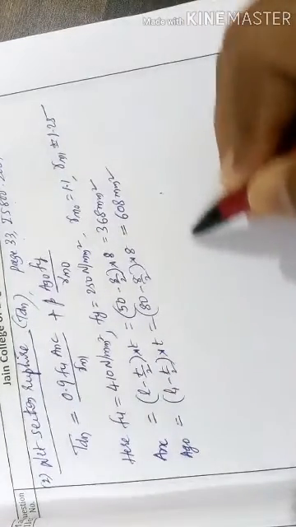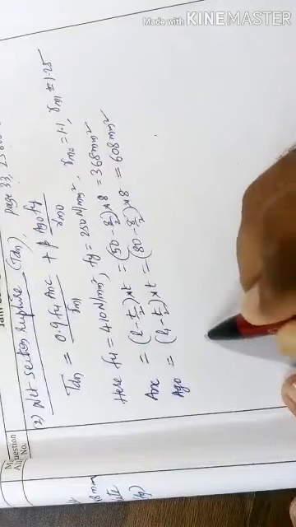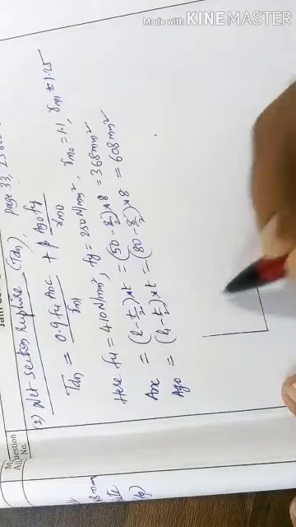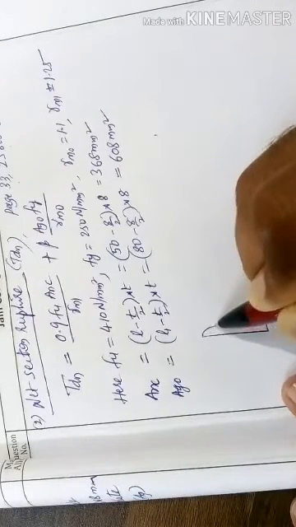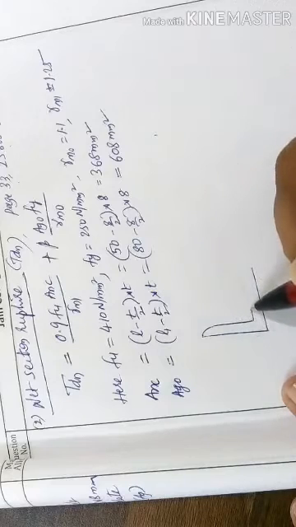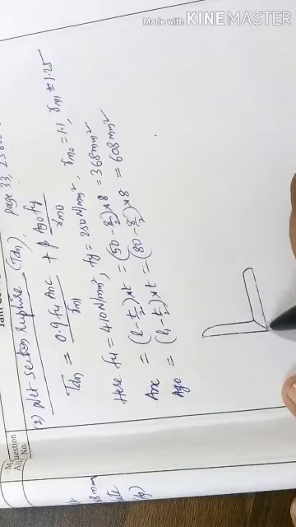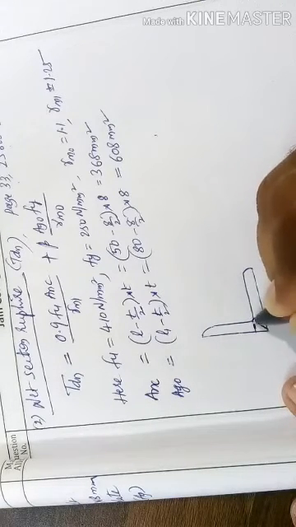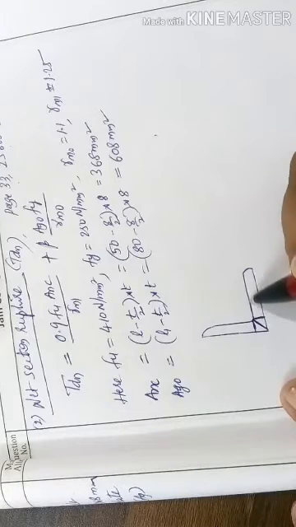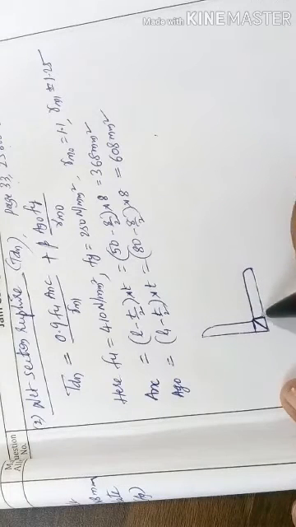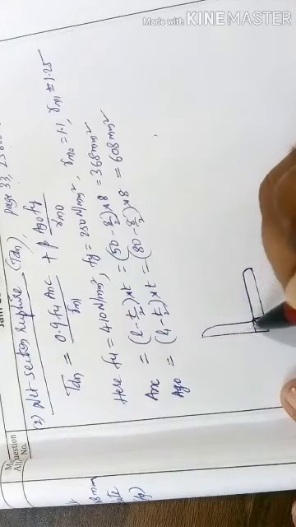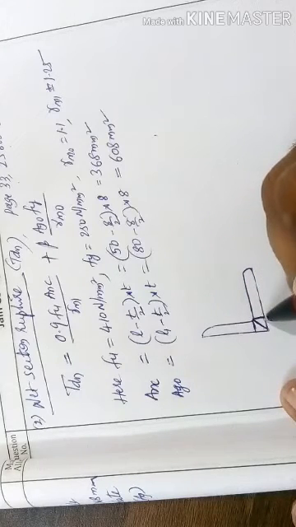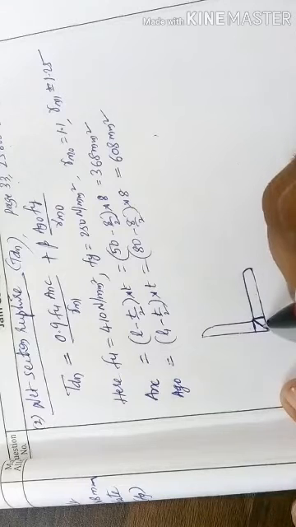Suppose this is an angle, if we take this corner, just draw it like this. So this leg length gets overlapped on this leg, so some portion of this leg has overlapped on this leg, and some portion of this leg has overlapped on this one.